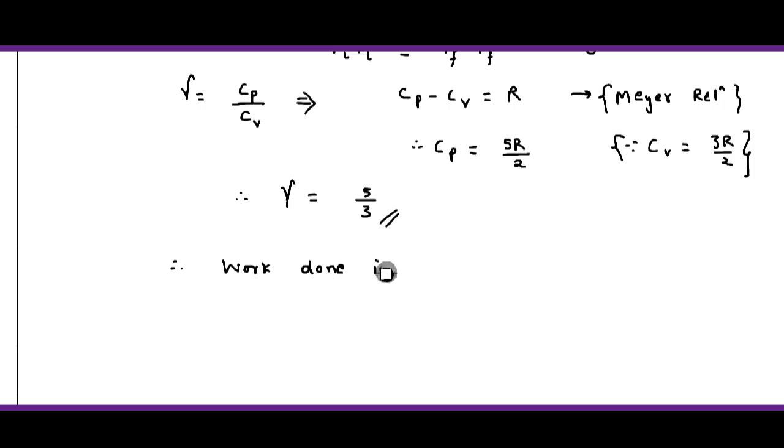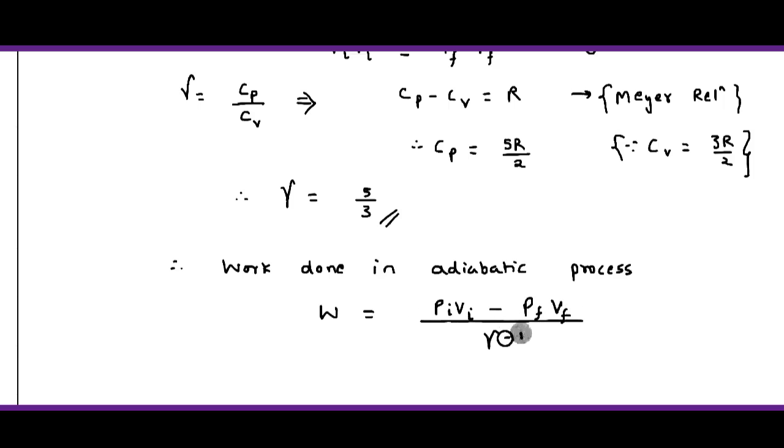Work done in an adiabatic process is given by the formula W equals Pi Vi minus Pf Vf, divided by gamma minus 1. That is, initial pressure into initial volume minus final pressure into final volume, divided by gamma minus 1.